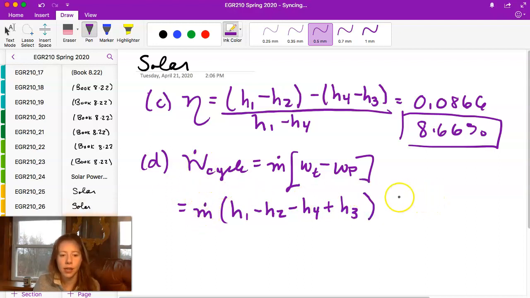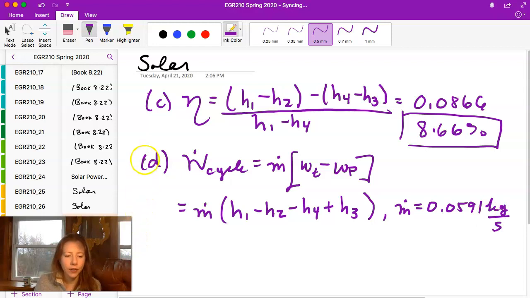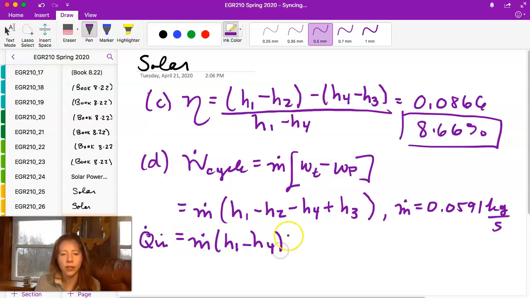And we know m dot is given to us, 0.0591 kilograms per second. And so Q in is going to be equal to m dot times H1 minus H4, for the solar collectors. And so this comes out to 13.53 kilowatts.